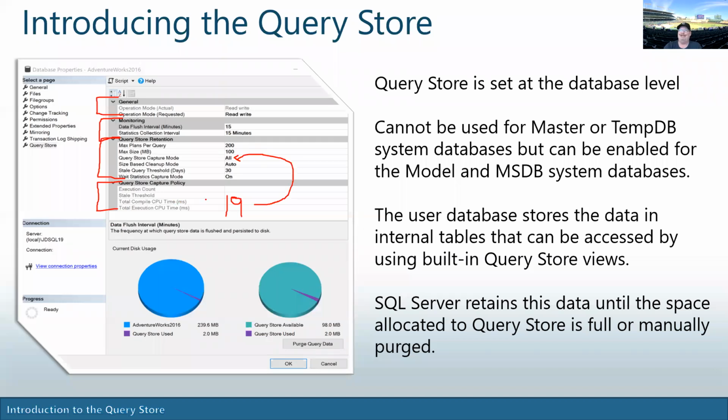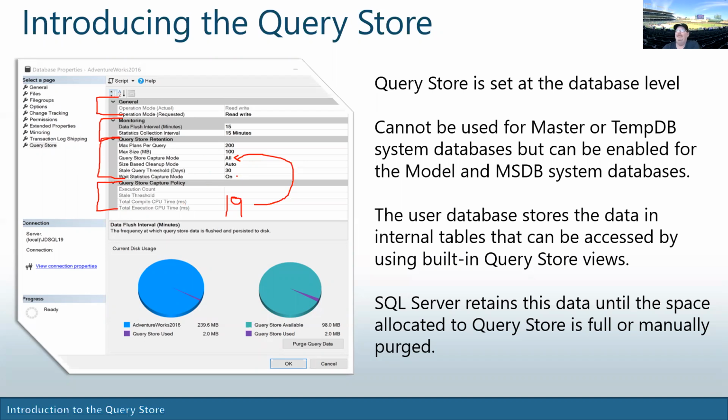Prior to 2019, it was kind of up to SQL Server to determine which queries were being captured, and you really didn't have any control. That was kind of a problem because you might start capturing a bunch of ad hoc queries and think, I don't really care about those queries, I want to troubleshoot this specific one. So you can actually set that up.